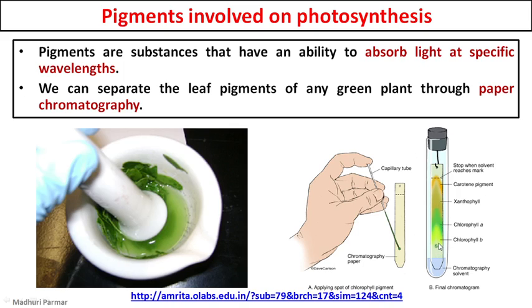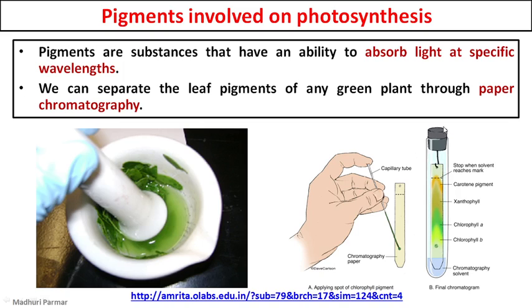Now with this capillary action, the solvent will move up. When it reaches this drop, it will dissolve its components. It will dissolve whatever pigments are present in this spinach juice, and it will take them along with itself and rise.